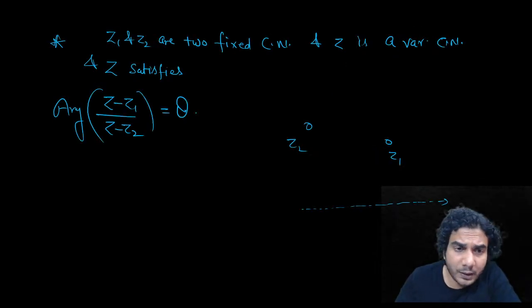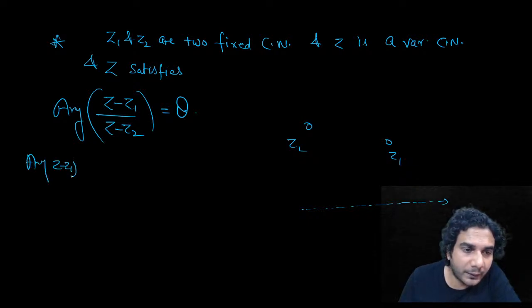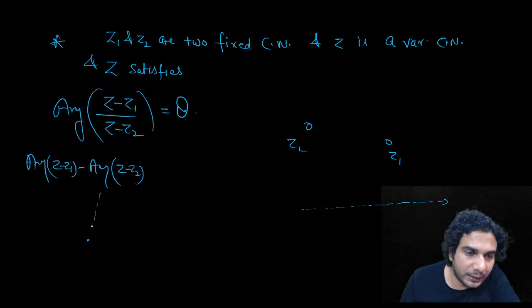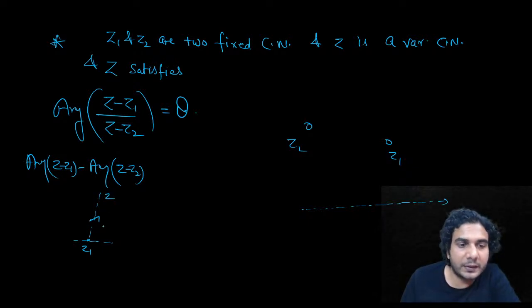Here, now we know what is written. This is the argument of Z minus Z1 minus the argument of Z minus Z2. So we know the argument of Z minus Z1 is basically this angle, which the vector joining Z1 and Z, that is Z minus Z1, makes with the real axis.